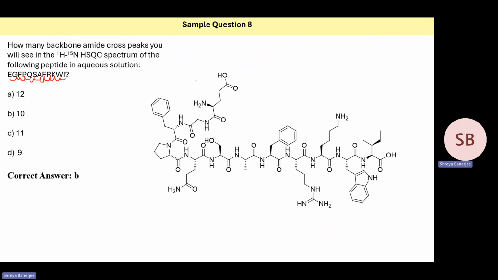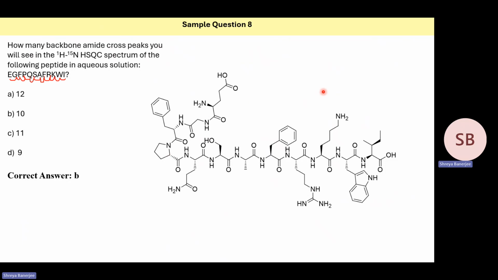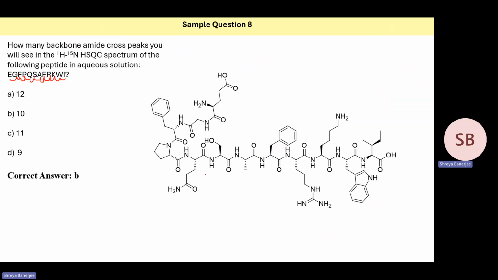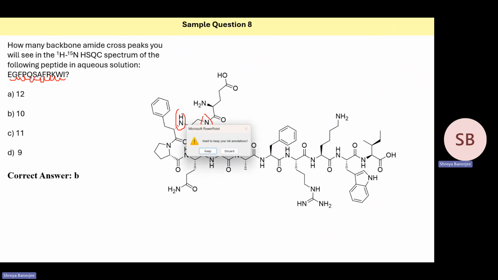But if you remember, the peptide is drawn here. We will count the number of backbone amides.